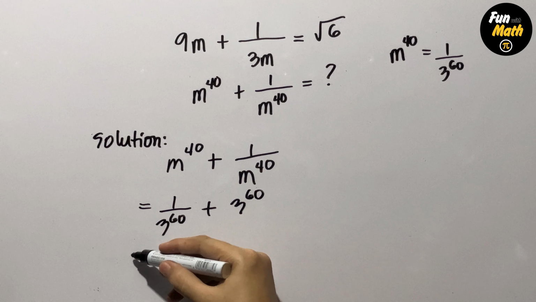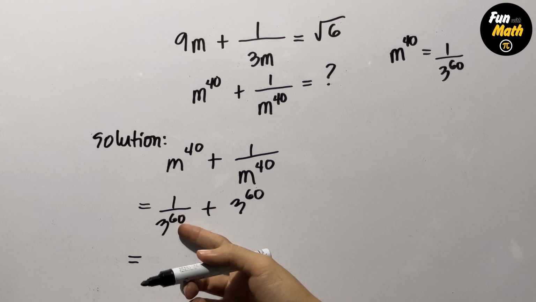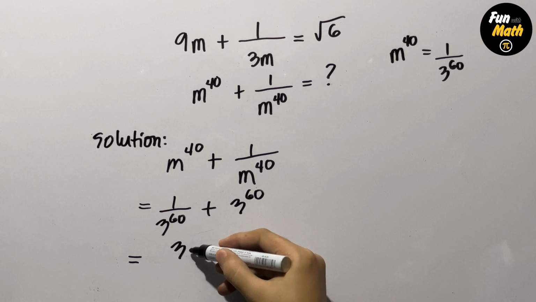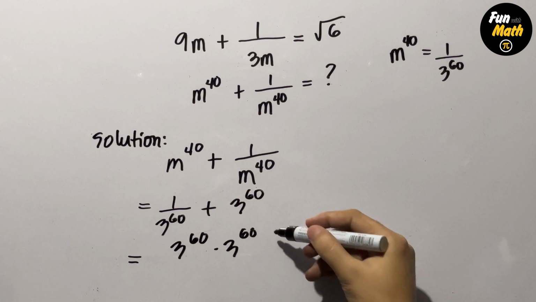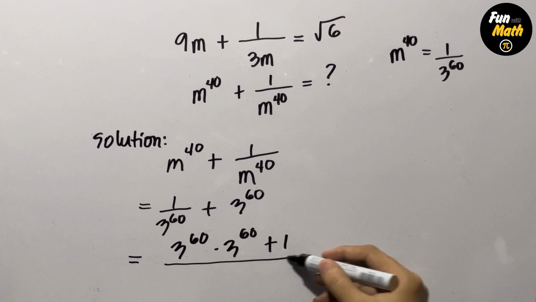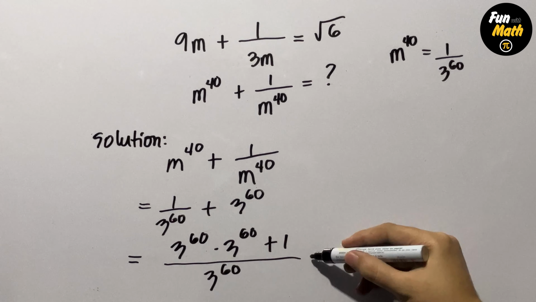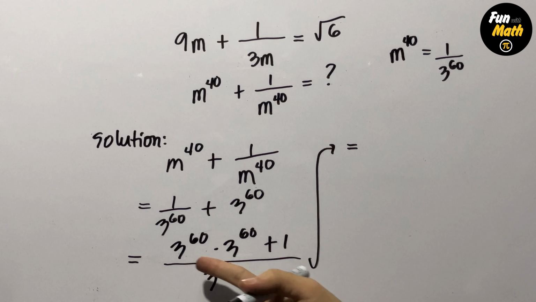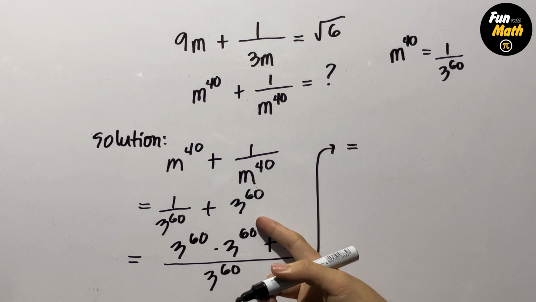Now this is equal to 3 to the power of 60 times 3 to the power of 60, plus 1, all over the denominator 3 to the power of 60.